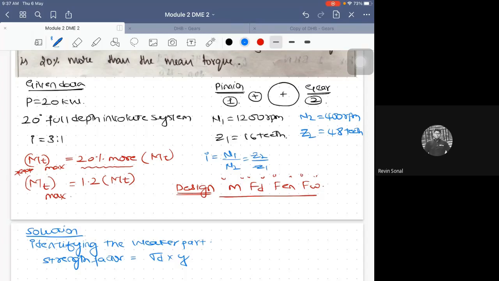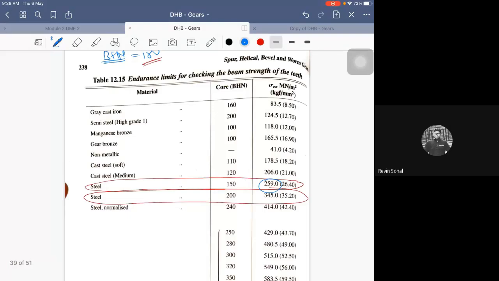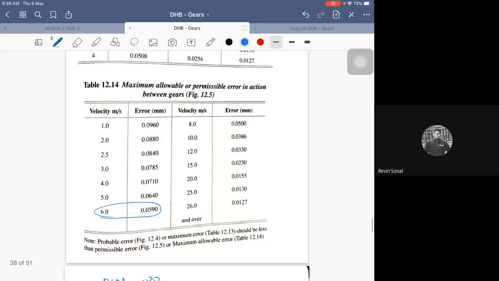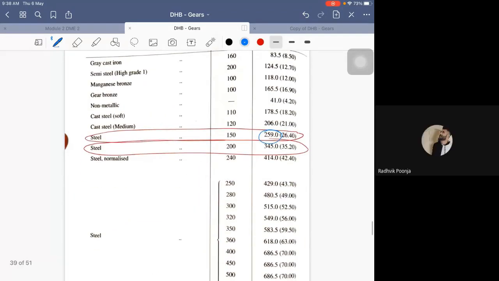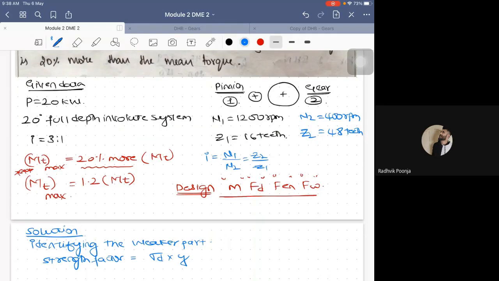You cannot even start your problem. You cannot identify which one is the weaker part. So how will you proceed with this? Any suggestions? Just refer to the data handbook. If you get any clue regarding this, give me. What has to be done now? Table 12.7. Yes?